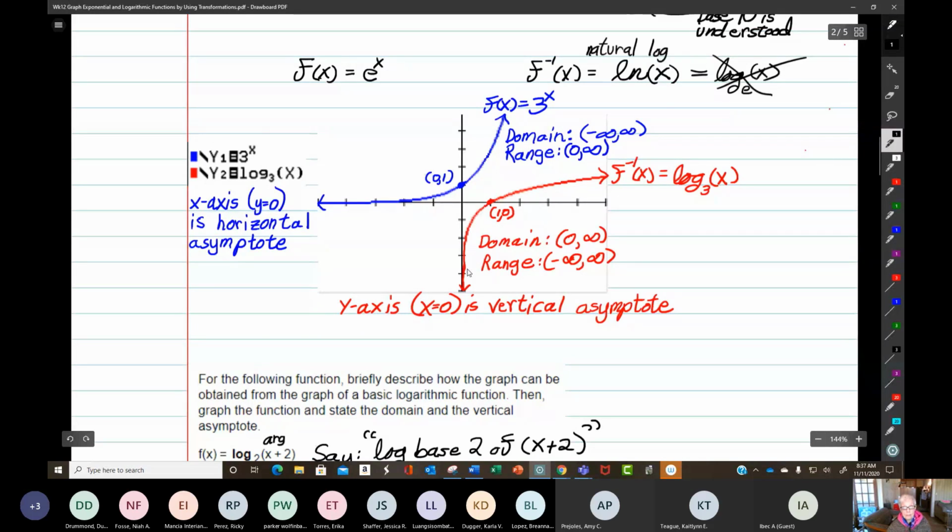but it never crosses the y-axis. Now, if we are shoving this to the right 1 unit, this will become the asymptote. And this will be where the graph crosses.